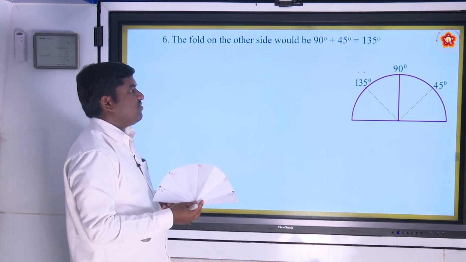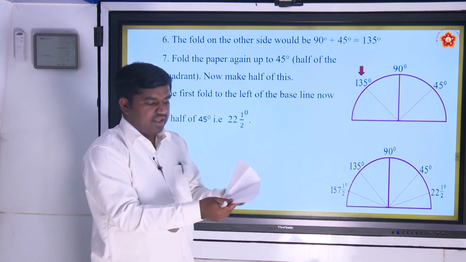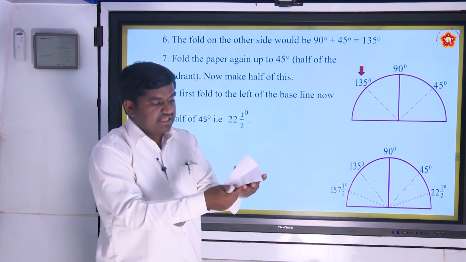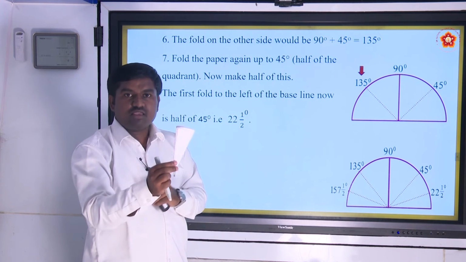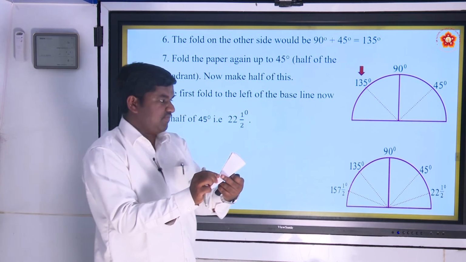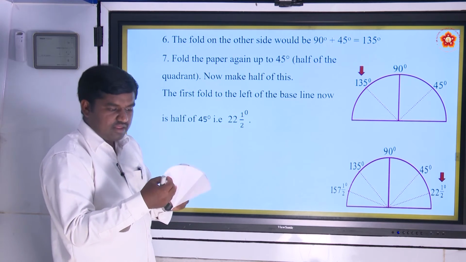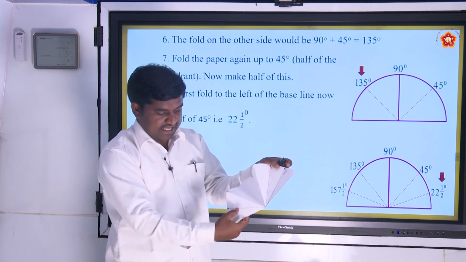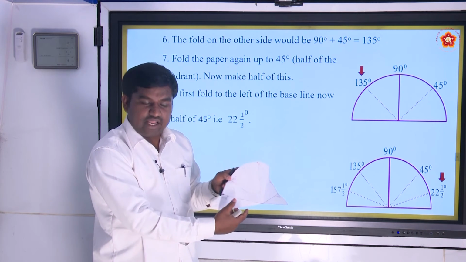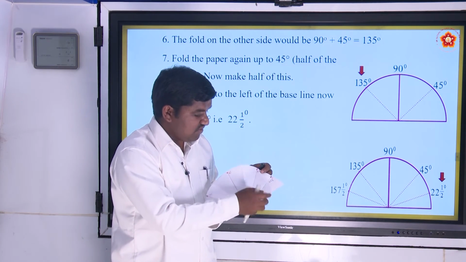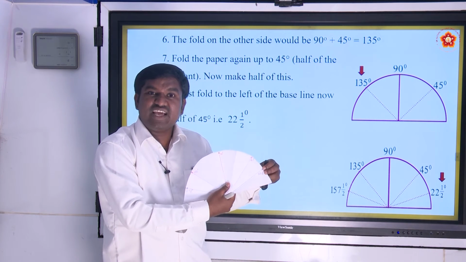Next, what we have to do? Close this, again you should close. Then again you can fold like this. You got the shape like this. Then open it. Then you got another 2 lines, below the 45 degree and above the 135 degree. Half of 45 degree is 22 and a half degree.